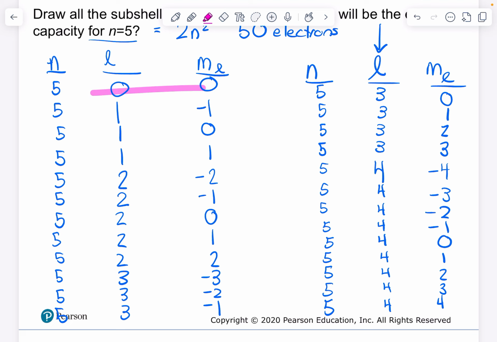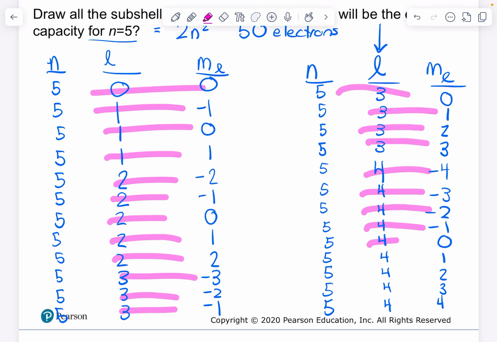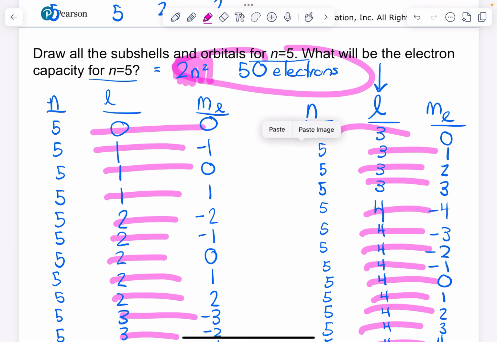So 1, 2, 3, 4, 5, 6, 7, 8, 9, 10, 11, 12, 13, 14, 15, 16, 17, 18, 19, 20, 21, 22, 23, 24, 25. Times 2 is 50, which is what we have up here. So certainly if you're asked the electron capacity of a high energy level or a high shell, knowing this equation would be useful so you don't have to write all of these out and figure out how many orbitals there are.